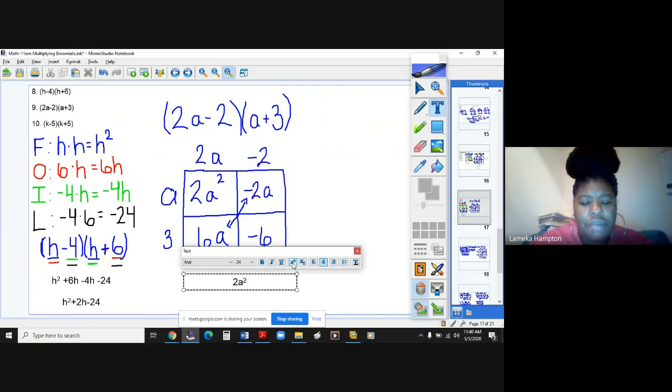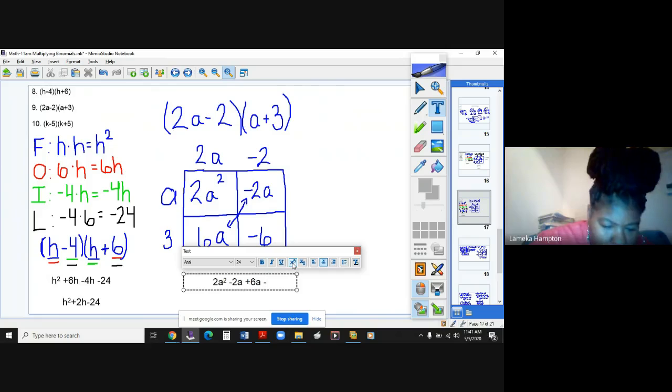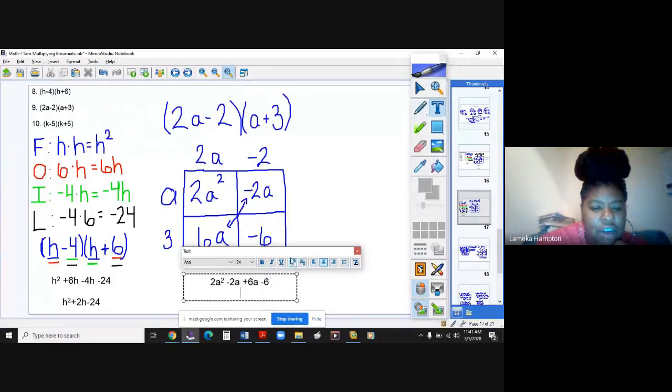And that's going to be minus 2a because 2a was negative, and that's going to be plus 6a, and that's going to be minus 6. Okay. The equals doesn't come until later. All right. So when I do that, I have my like terms in the middle.